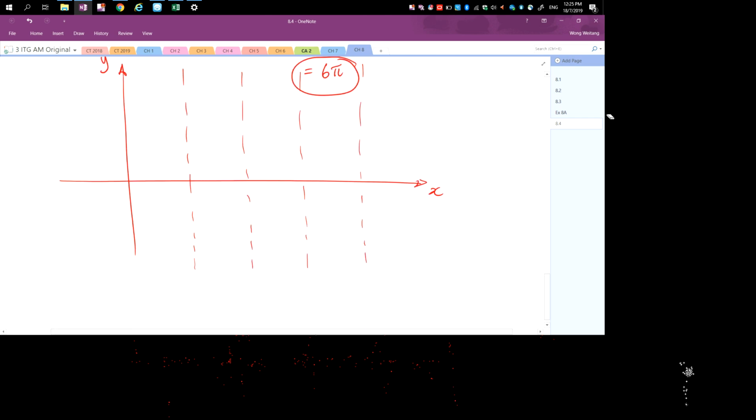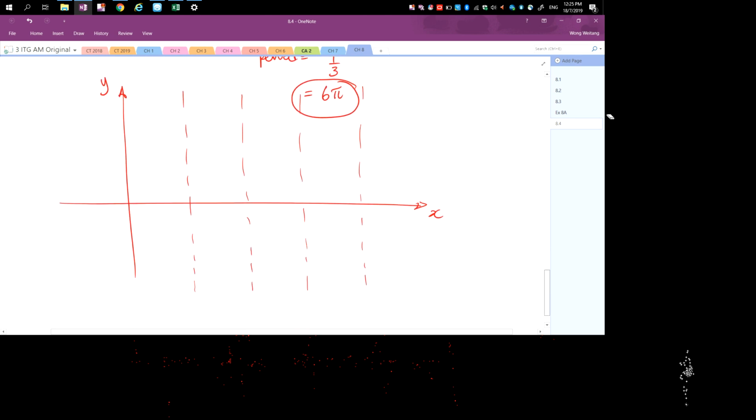I want to contain one cycle first. One cycle within these 4 dotted lines. So what is this angle over here? Is this still 2 pi? I want one cycle. This will be 6 pi. So this will be 3 pi until here. Then where is 2 pi?